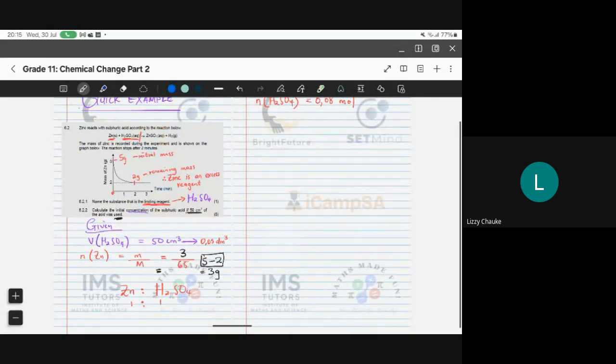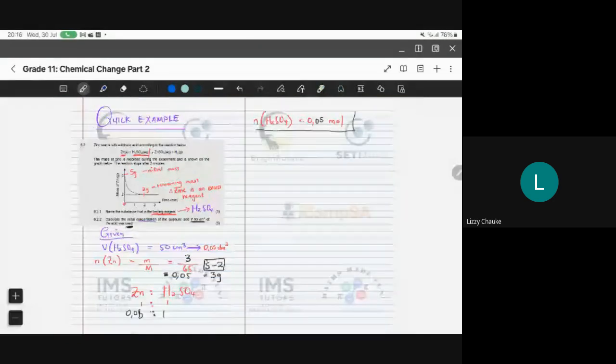Now 3 divided by 65 should be 0.05. Right. So the 1 is to 0.05 is to 1. We get that it's the same number of moles, right? So the number of moles of H2SO4 that we used is 0.05.